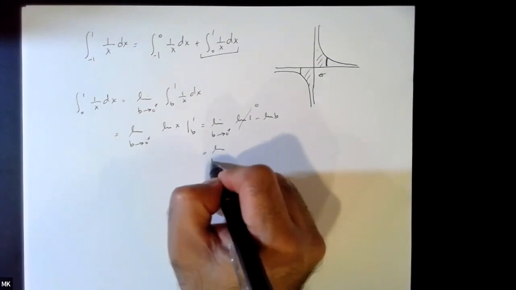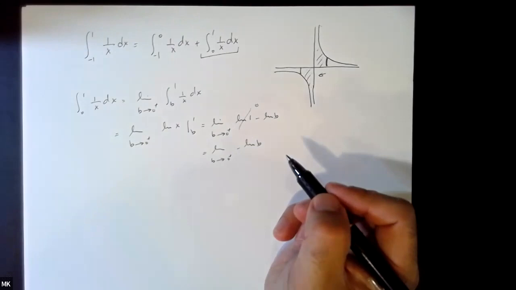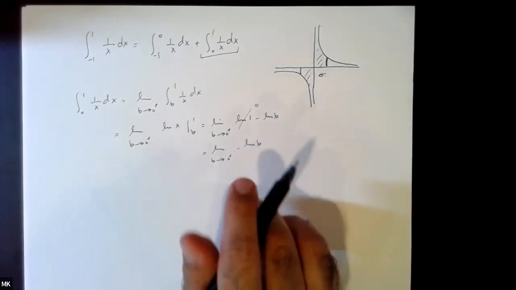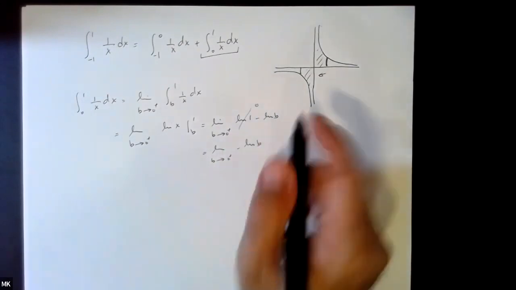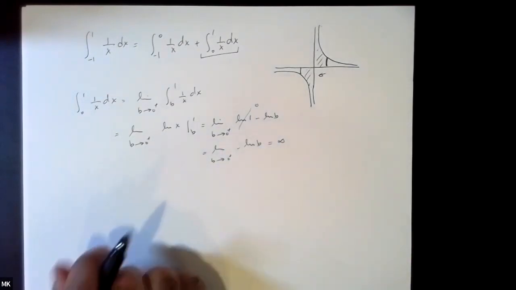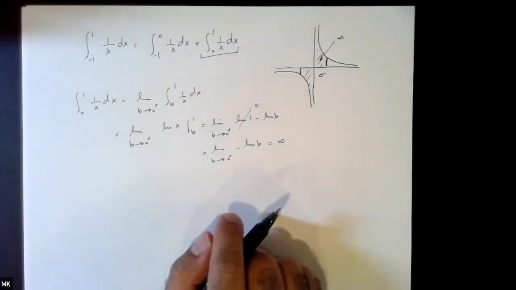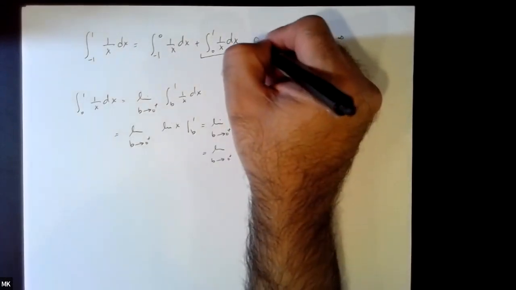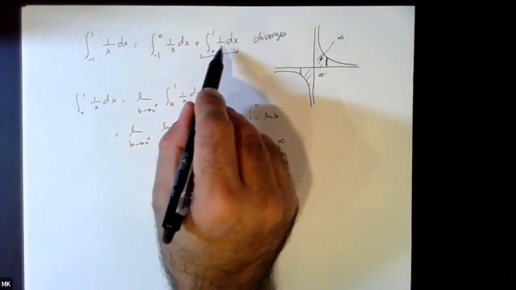It's going to be the limit as b goes to 0 from the positive side of negative ln of b. And obviously, as b goes to 0 from the positive side, ln of b goes to negative infinity. So that's just going to diverge to infinity. So this area is actually infinite. That's not a finite area, which means this one diverges, does not converge to a number, because one of them did not converge.